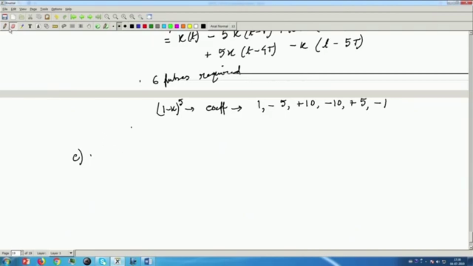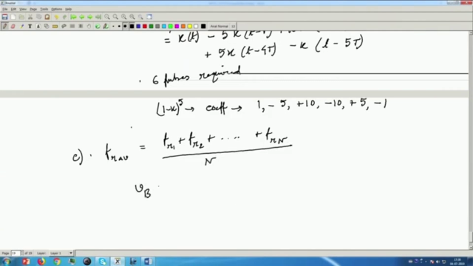Suppose we are doing F r average, which is F r 1 plus F r 2 plus F r n, for n different PRFs staggered. So, F r average will be this. So, V b will be lambda by 2 F r average.